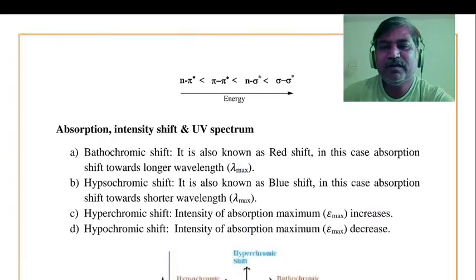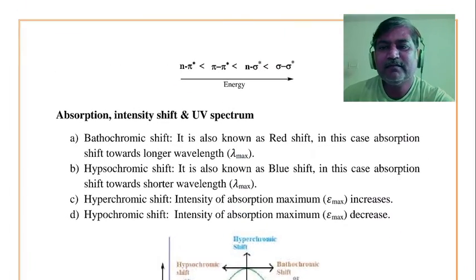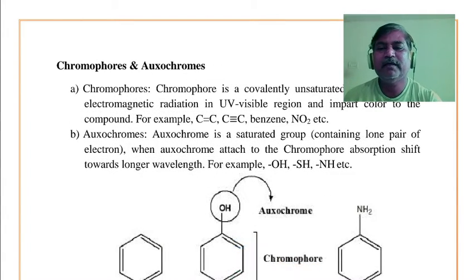Then next, there are two terms involved in this measurement. One is the chromophore and another one is the auxochrome.